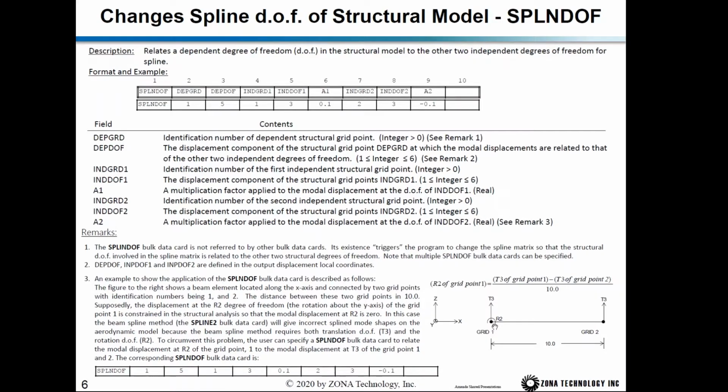For example, if I have two grid points and both have a translational degree of freedom along the z direction, and I want to create a rotational degree of freedom at this grid point about the y-axis, then you specify the dependent structure grid point, and you put the ID here, which is 1.